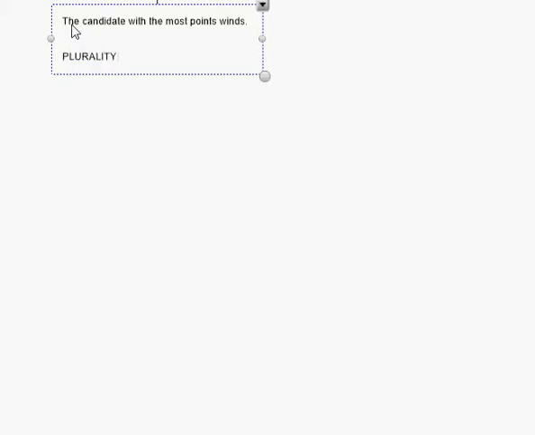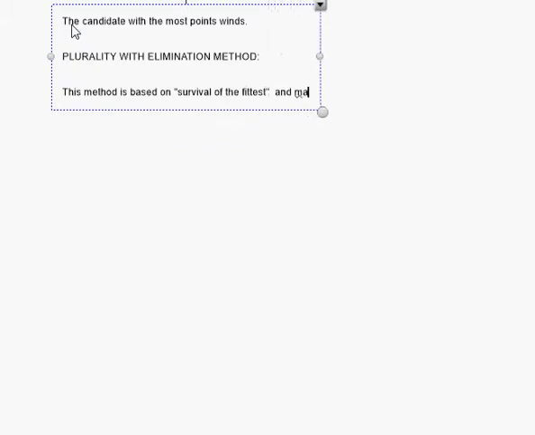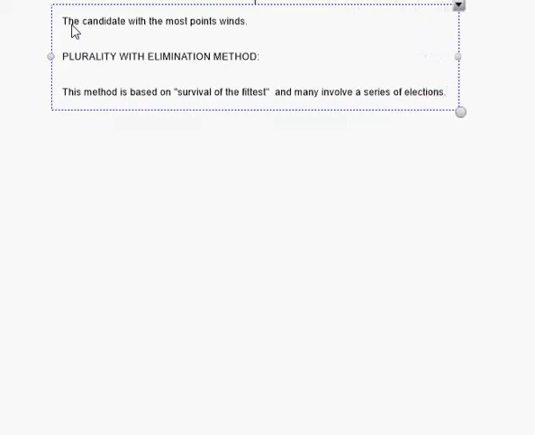Plurality with elimination method. This method is based on survival of the fittest, and may involve a series of elections.